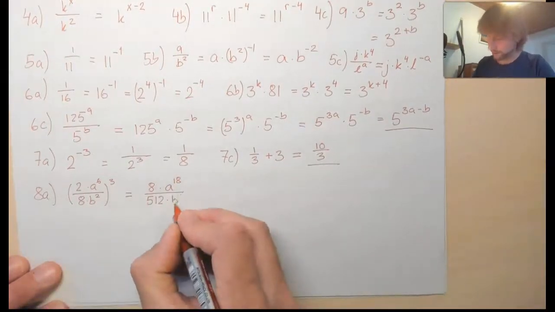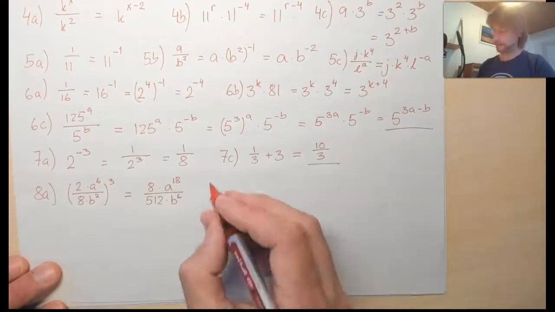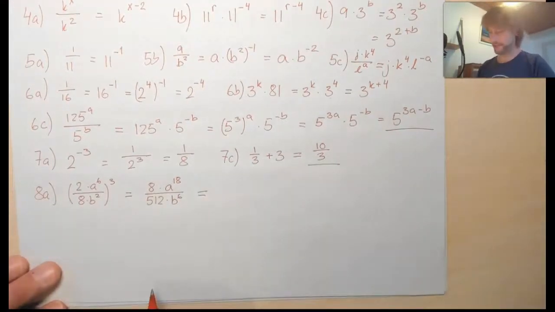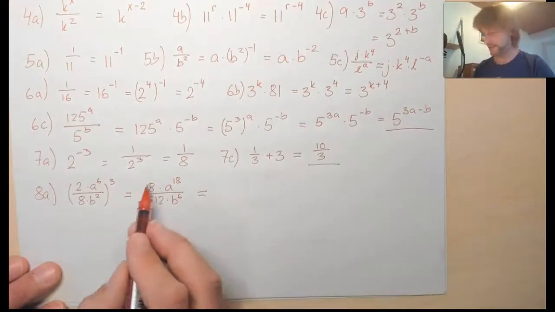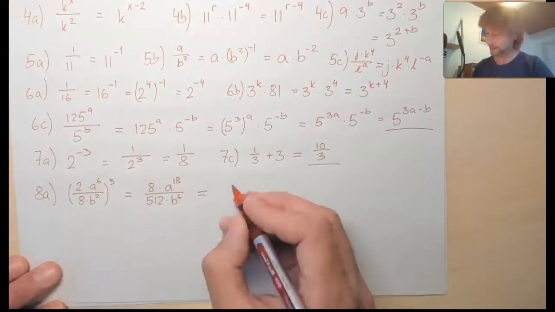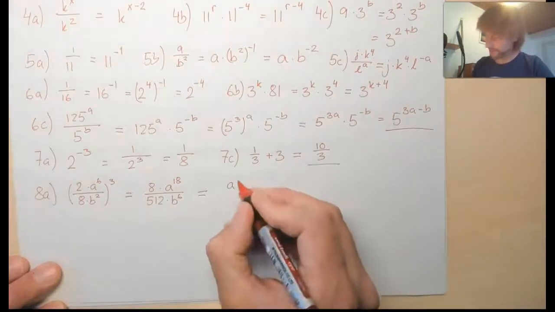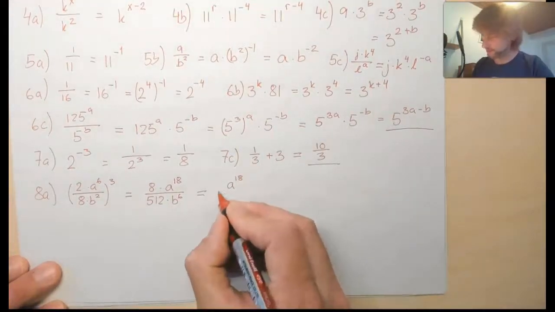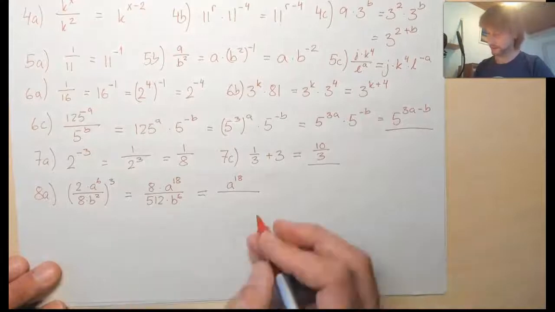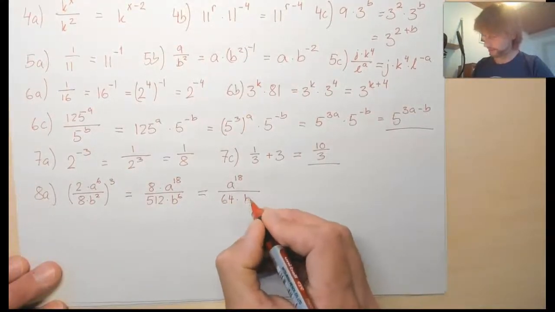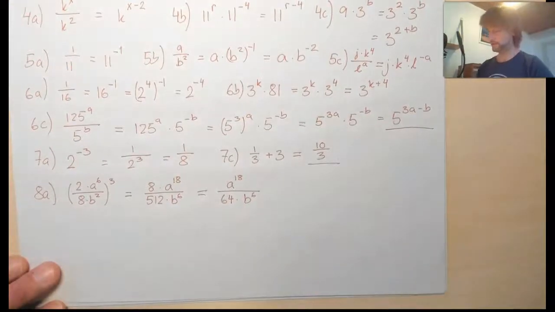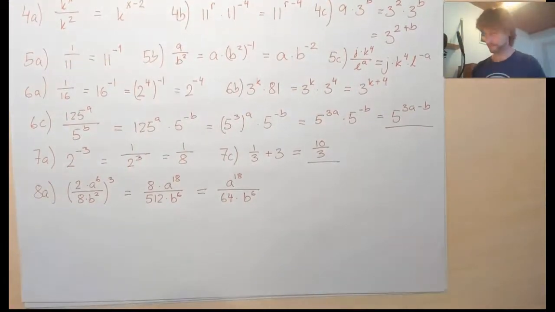That's b to the power of 6. And I can see I could have saved myself some trouble here, because one of the multiplications by 8 cancels out with the 8 up here. So we could divide by 8 in both numerator and in the denominator, and that takes us back to 64 times b to the power of 6. And I'm guessing this is as simple as it gets.